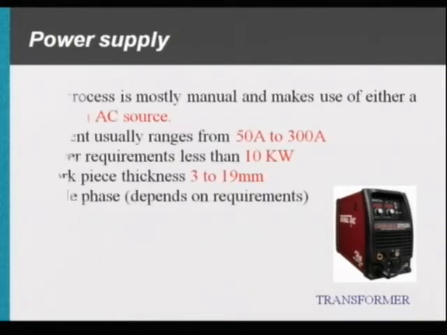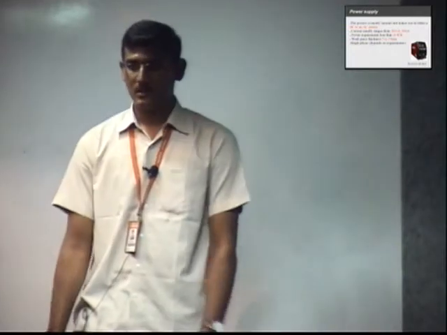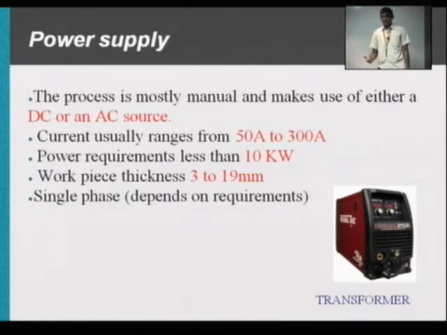The power supply given by the transformer may be AC or DC, and the current should vary between 50 amps and 300 amps. The power requirement should be less than 10 kilovolt, and it is single phase by default, but depending on your requirements it may be single phase, two phase or three phase, at a frequency of 50 Hz.